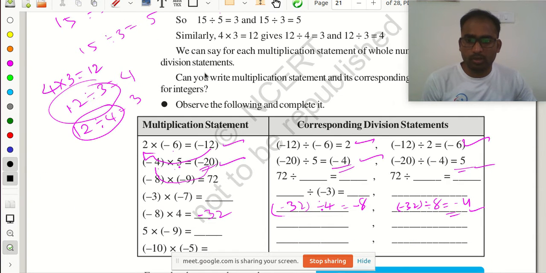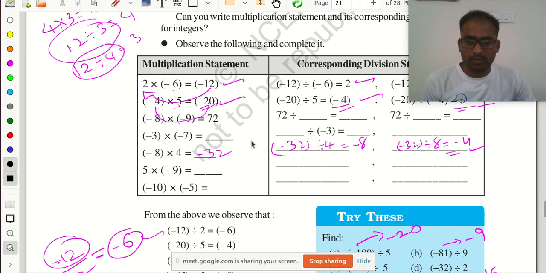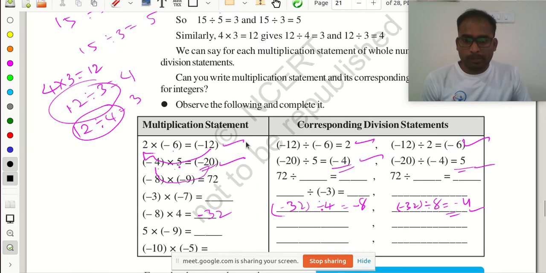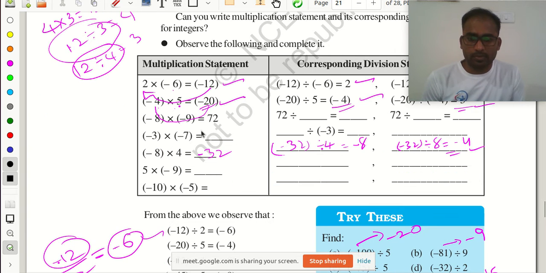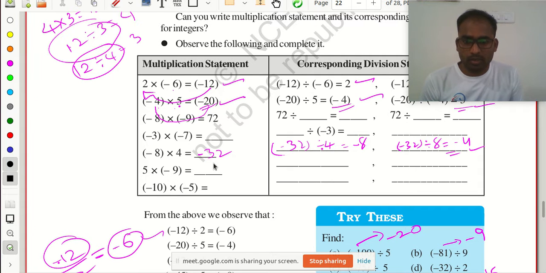So you know how to divide two integers. See here, what is the division of this one? 5 divided by minus 9. Whether this division is possible or not. Here 5 is divided by minus 9, and here minus 9 is divided by 5.